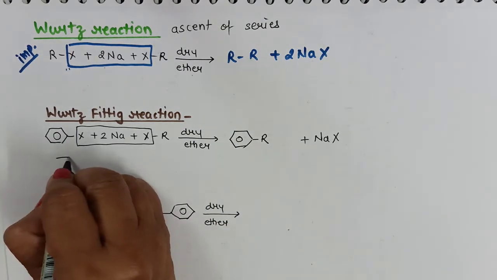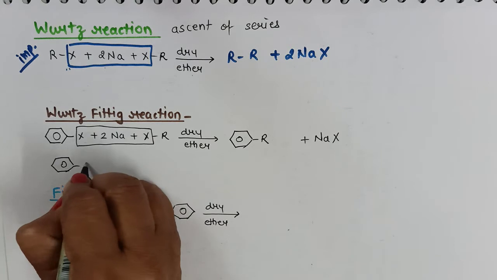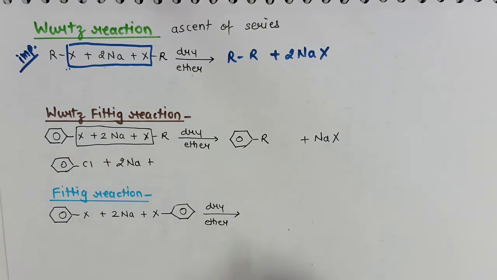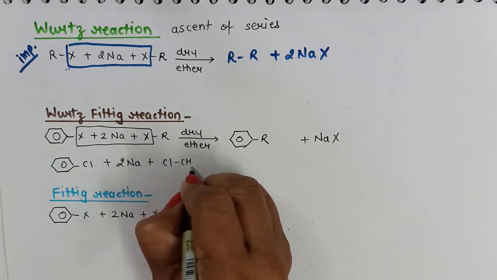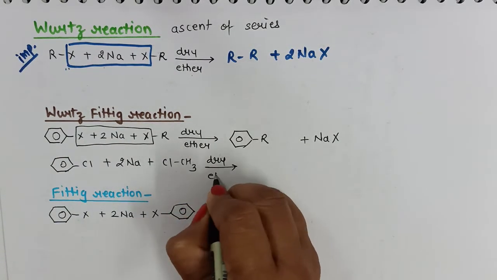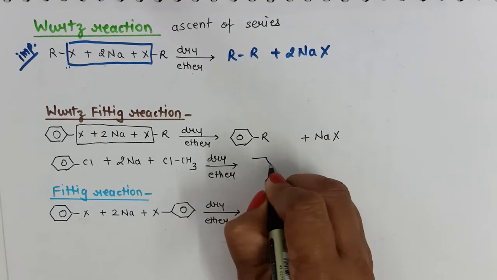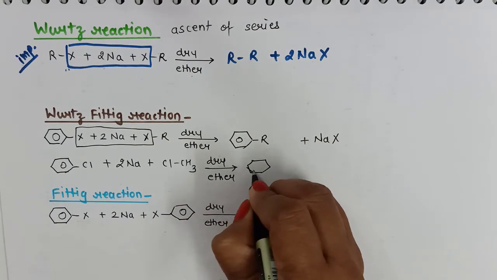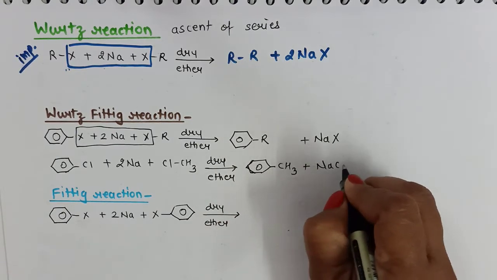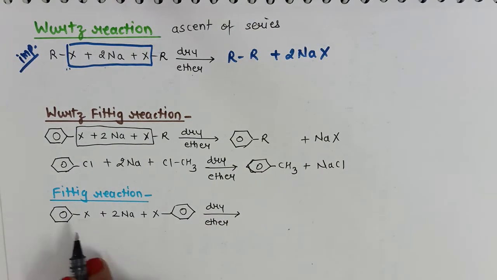For example, chlorobenzene when treated with sodium and chloromethane in presence of dry ether, we will get toluene along with sodium chloride.